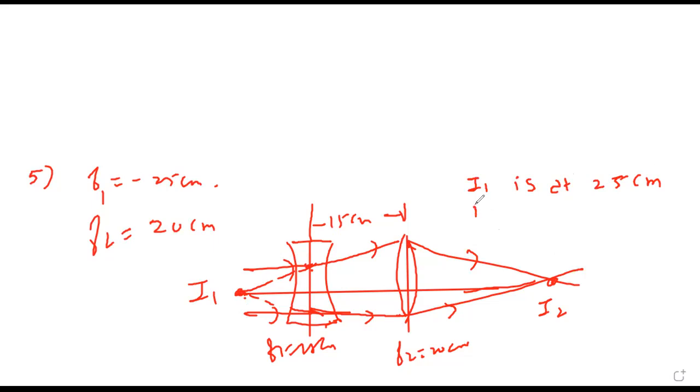So for convex lens, the object distance will become 15 plus 25, 40 centimeter on the left, minus, and f is 20 centimeter. So can you just predict it is double, na?